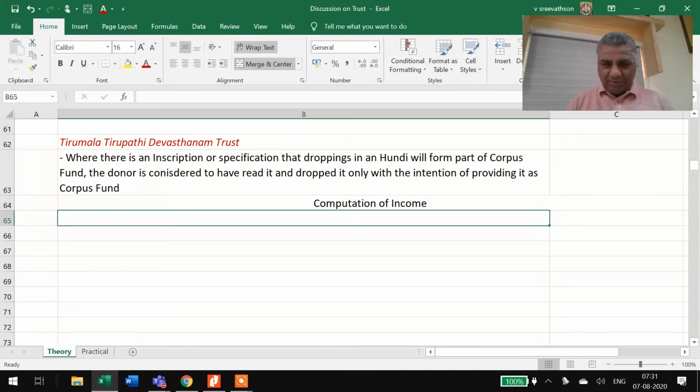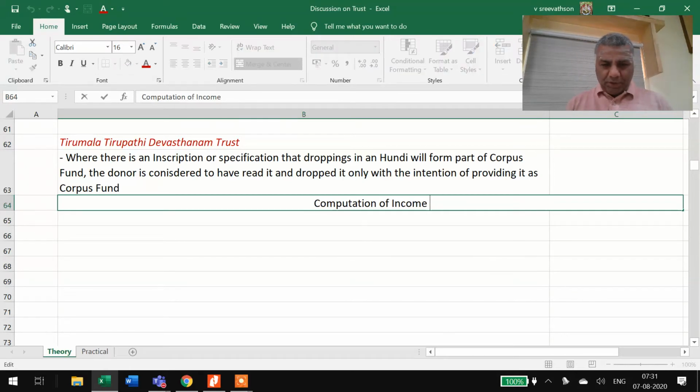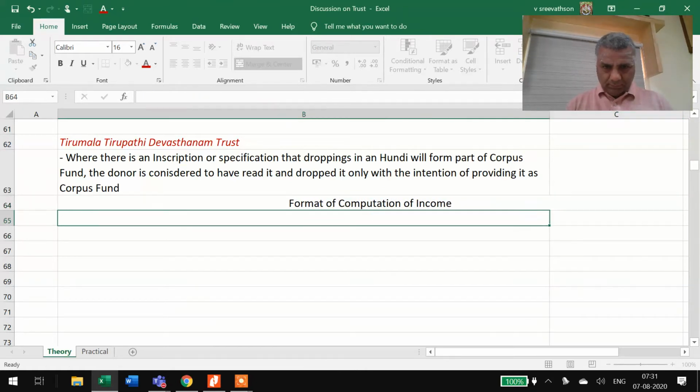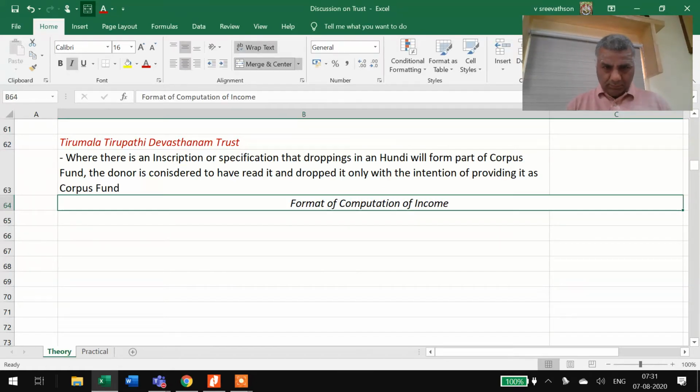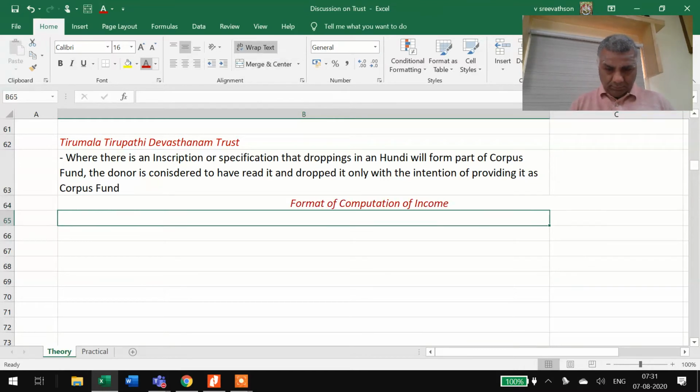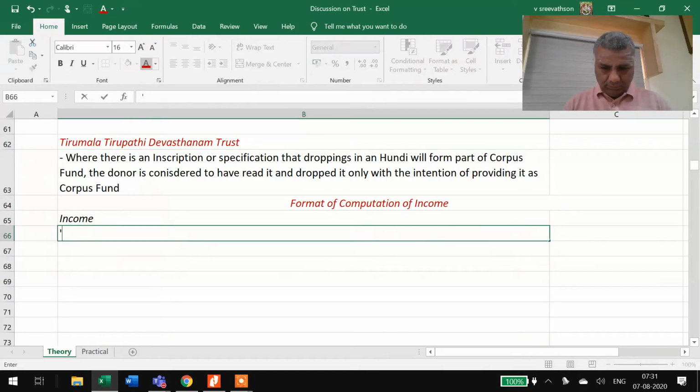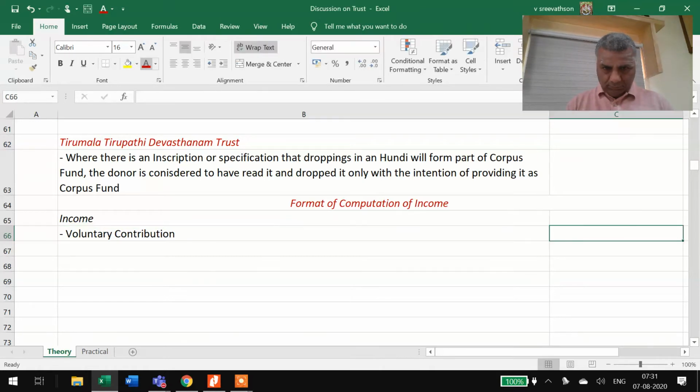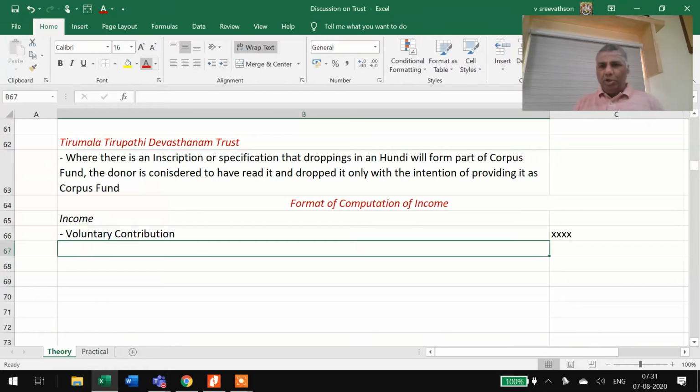Computation of income. Format of computation of income. You know what type of voluntary contribution I am talking about? We have already seen only general contribution.